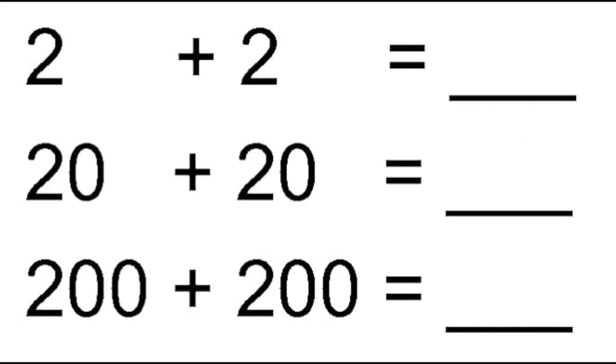So now let's look at the same addition pattern in a different way. First, notice that 2 plus 2, 20 plus 20, and 200 plus 200 are similar because they use the same number, 2. So that means they will have similar answers. The first problem is 2 plus 2, which equals 4. Next is 20 plus 20.